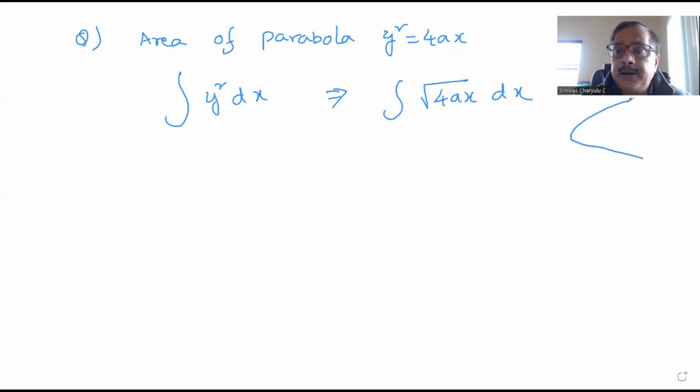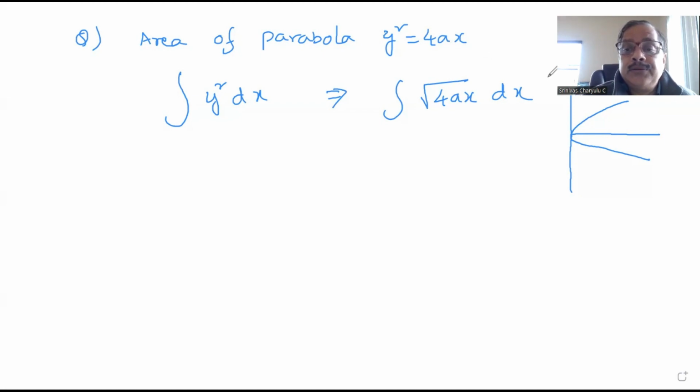Let us draw the parabola. This is how it looks. Since no limit is given for us, we are supposed to understand, like in our circle equation x square plus y square is equal to a square, where we took the limit from 0 to a. A stands for the radius.